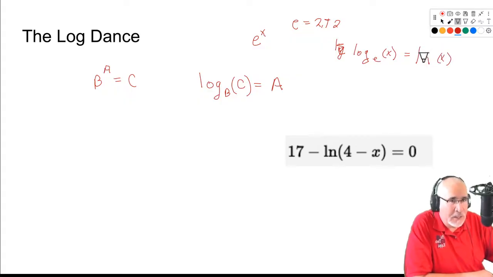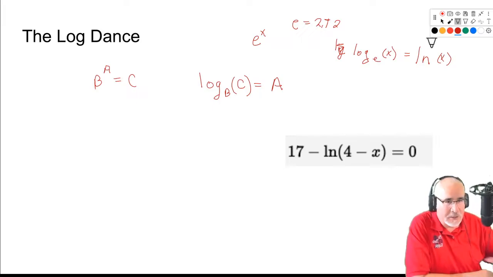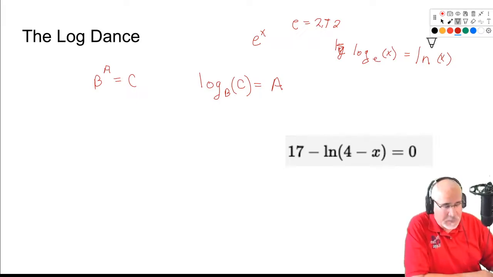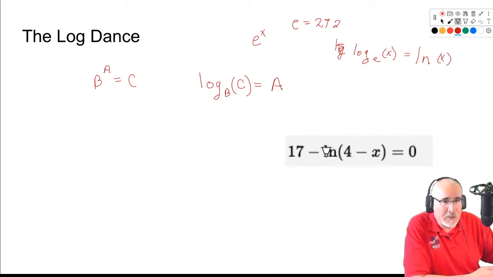Why ln? It's coming from the French, logarithme naturel. So in French, they switch the modifiers. That's why ln is logarithm natural versus the natural logarithm in English. Okay, so how do we solve this? Well, what we first have to do is get the logarithm isolated.